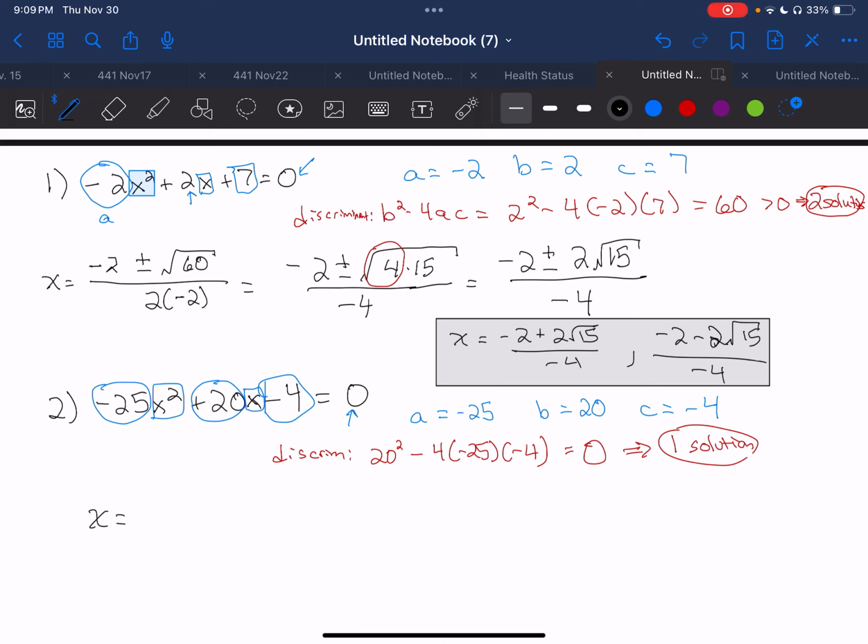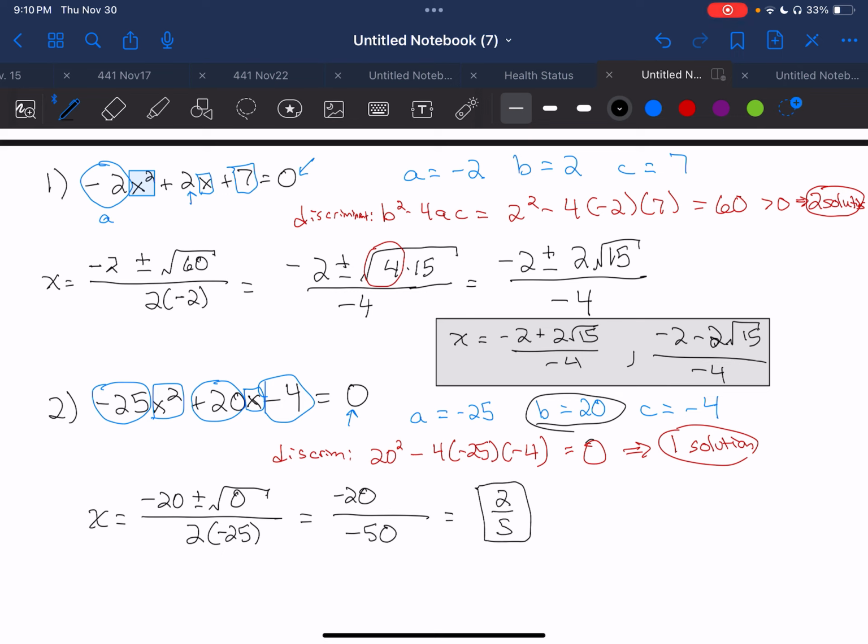X equals the opposite of b, so the opposite of 20 is negative 20, plus or minus square root of discriminant, which was 0, over 2 times a, which is negative 25. So my denominator has negative 50, my numerator has negative 20, the 0 part just disappears, so we get positive 2/5. That is where the parabola touches down.